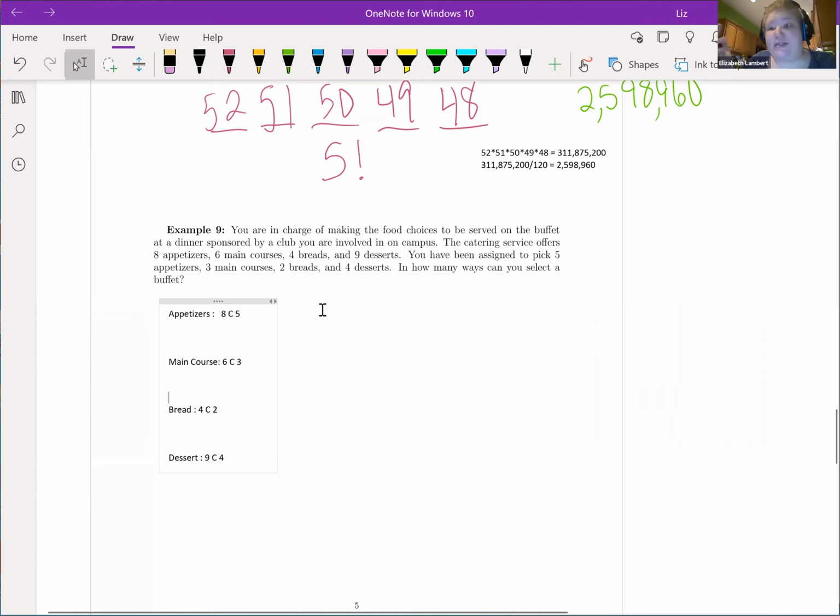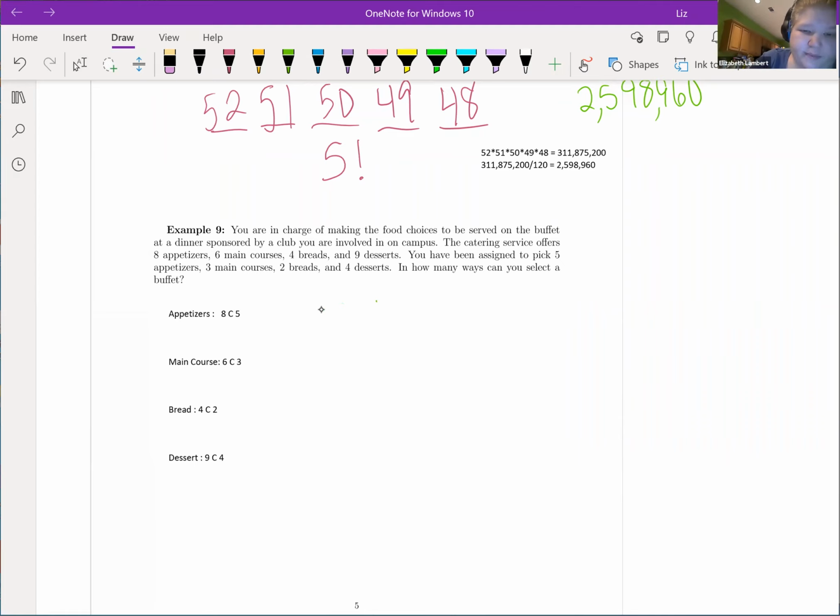This is also where it's nice to have the combination or permutation buttons worked out. I do not, so this one is going to be 8 times 7. No, that takes forever.